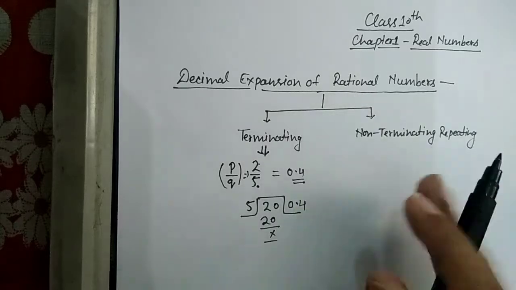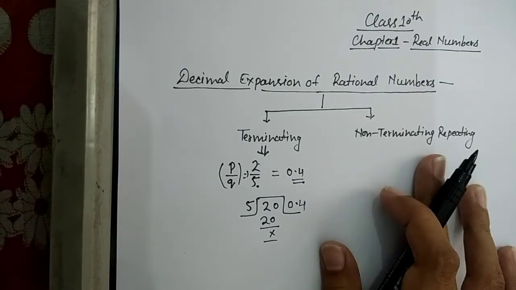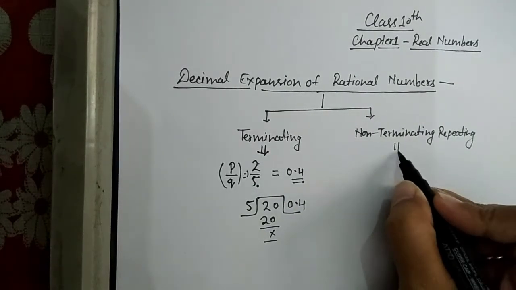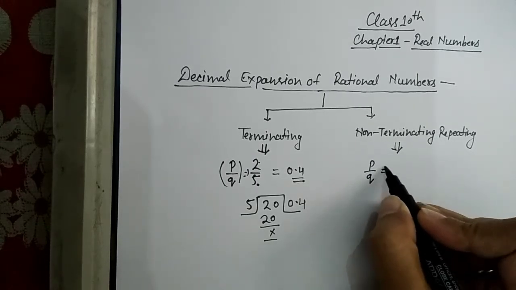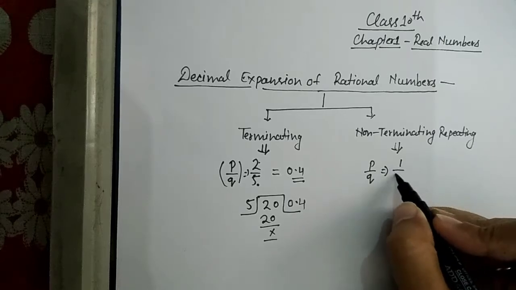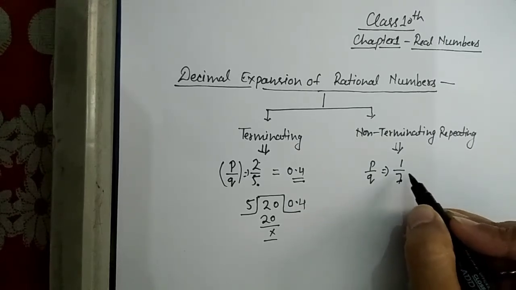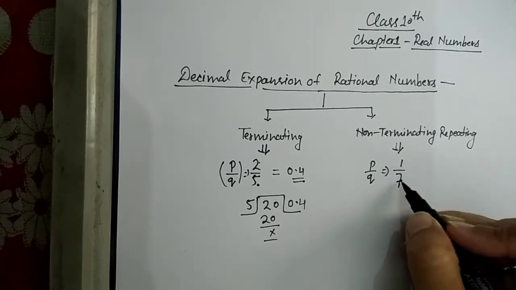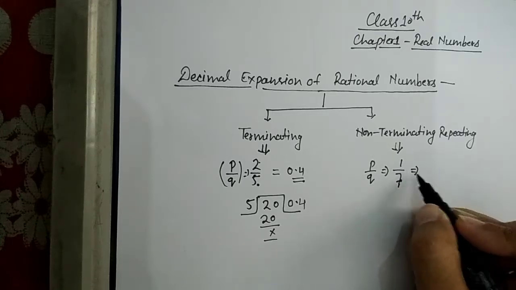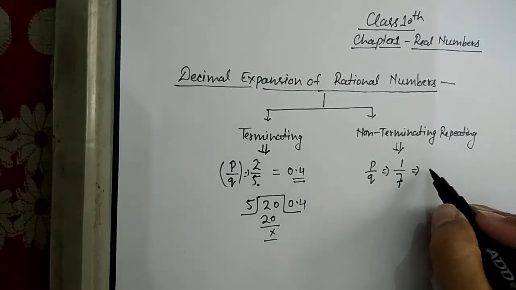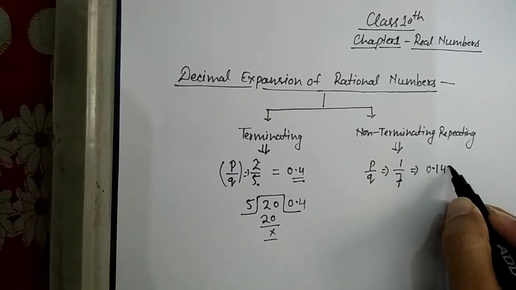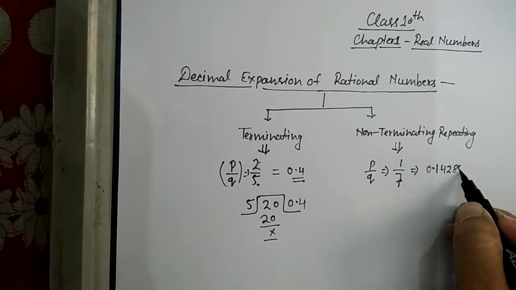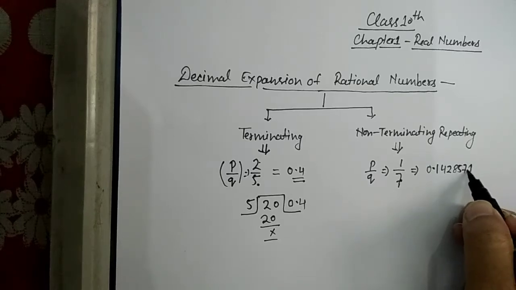Okay, and the other form is non-terminating repeating. In this form, we have a p upon q form rational number just like 1 upon 7. If we divide 1 by 7, we will get 0.142857, as you can see here.